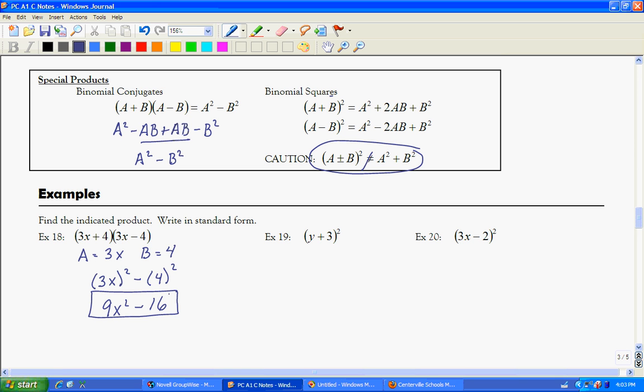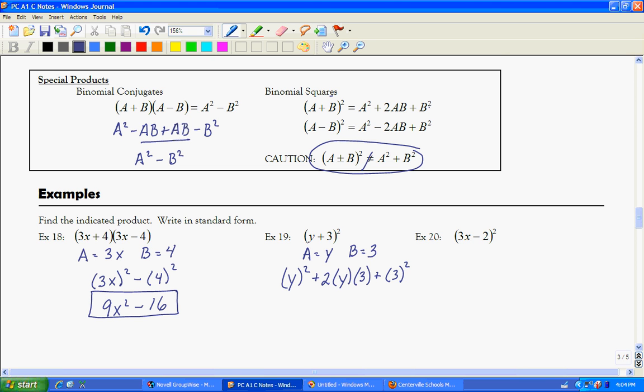If we take a look at number 19, that's a binomial square of a sum. And a is equal to y, and b is equal to 3. So if we look at that form, it's going to be y squared plus 2 times y times 3 plus 3 squared.